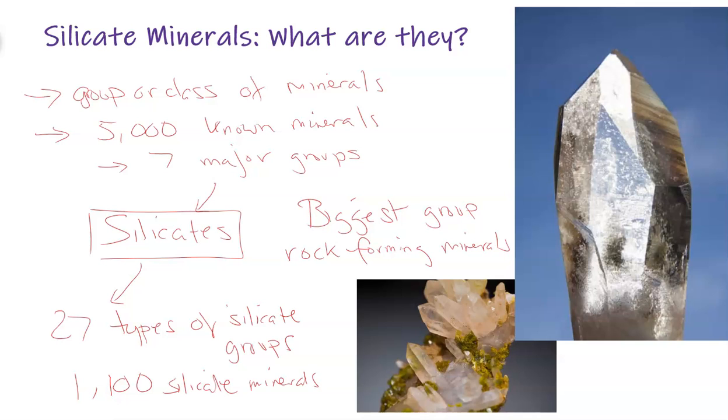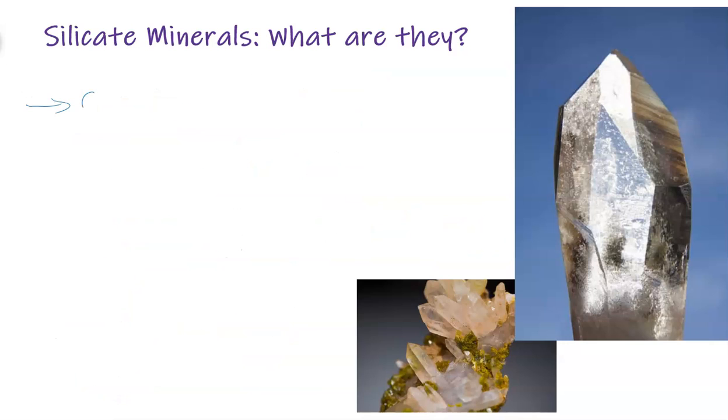So if you're looking at the rock cycle and petrology and going forward into different types of rocks, you are going to discuss silicate minerals in great detail. Looking at the chemistry of these silicate minerals, by definition, they must contain silica or silicon, and oxygen.